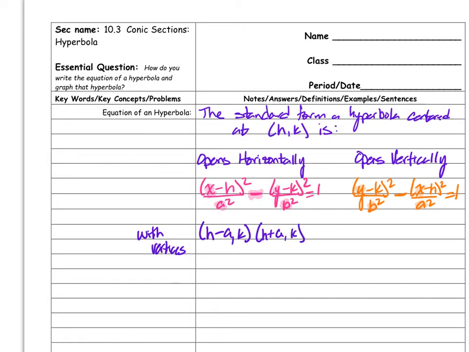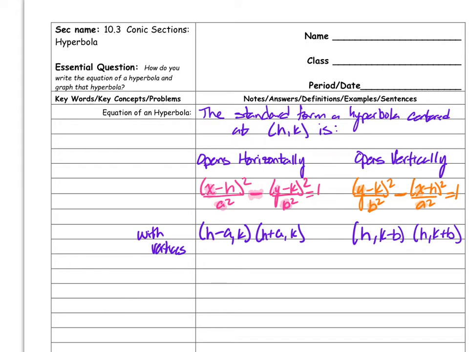And if it opens vertically, it's (h, k minus b) and (h, k plus b). Okay, so I'll show you what that means in just one moment.